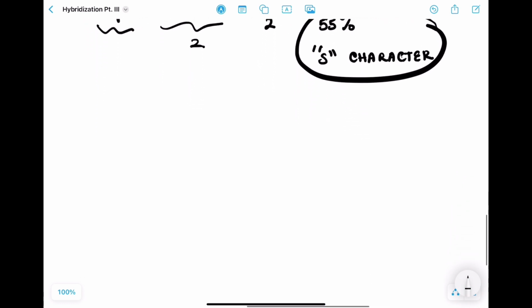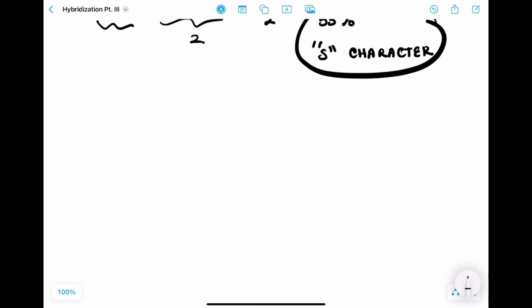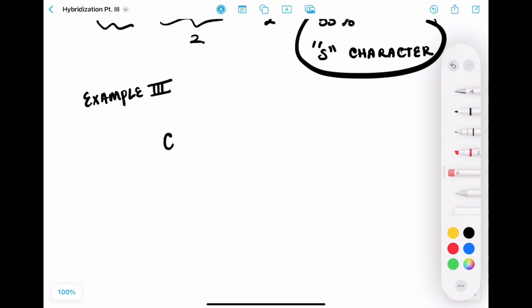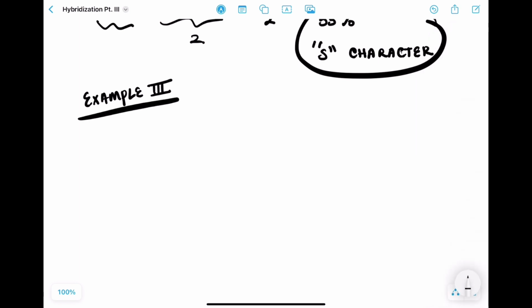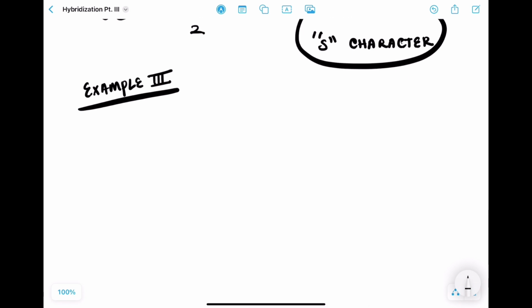And so let's go to an example that we've kind of already done. So this is example 3. And let me give myself some space here. And so we have essentially CH4. We know CH4's geometry is going to be sp3.